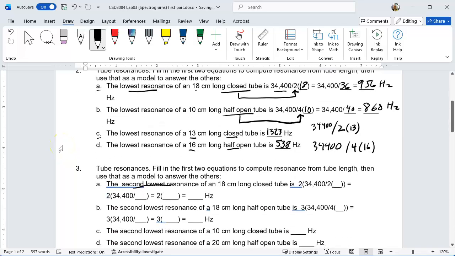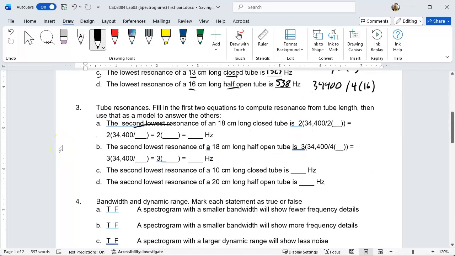Okay, in question 3, we have some of the same tubes and some different tubes, and we're looking at the second lowest resonance. So because of that, we have an additional constant out in front of our equations. So this is second resonance.